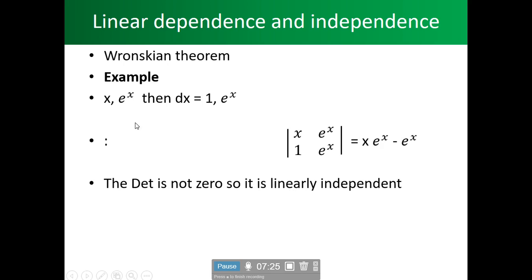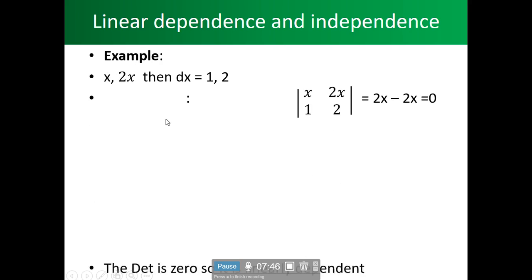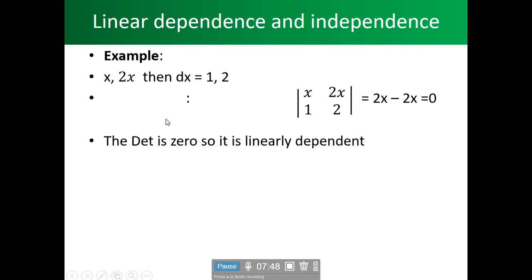Okay, let's try another problem. Let's look at this particular set of functions. We take the derivative of x, we get 1. We take the derivative of 2x, we get 2. Now we have to set it up so that we can see what the determinant is. As we said, we take the original set of functions and put them in the first row, and the derivatives in the second row.